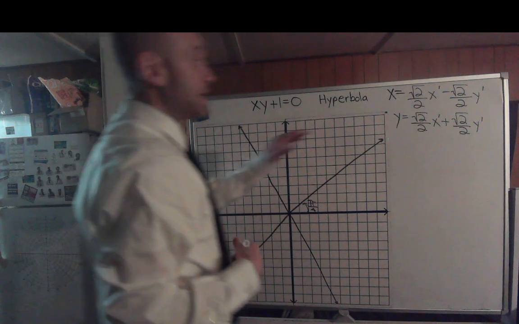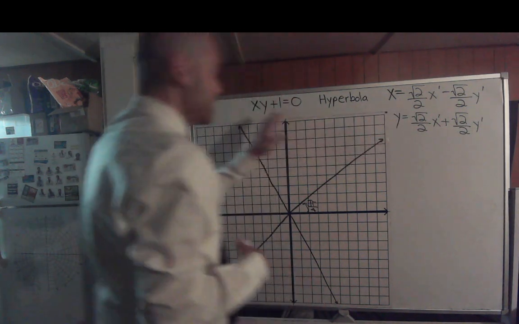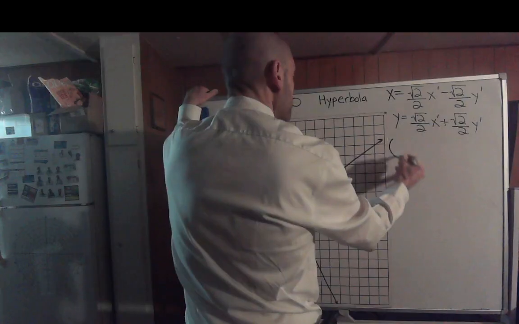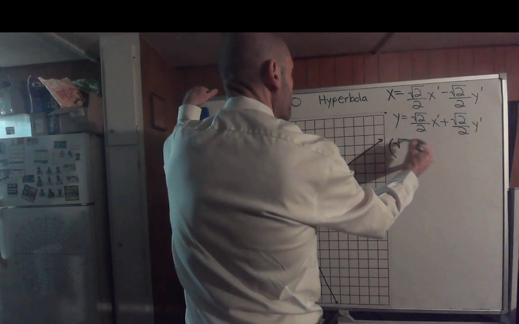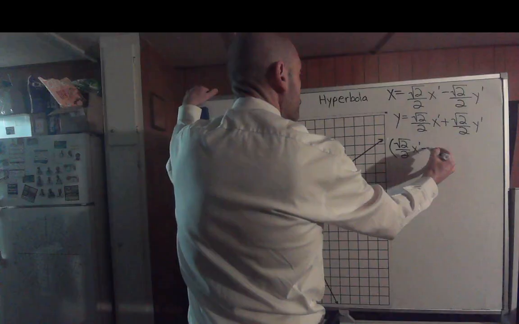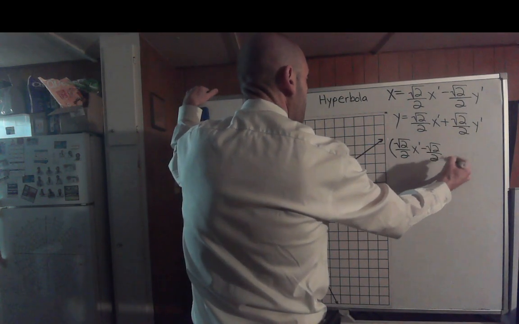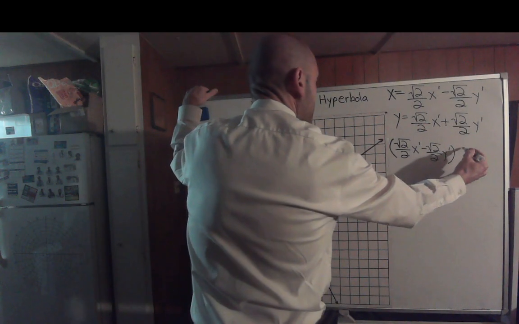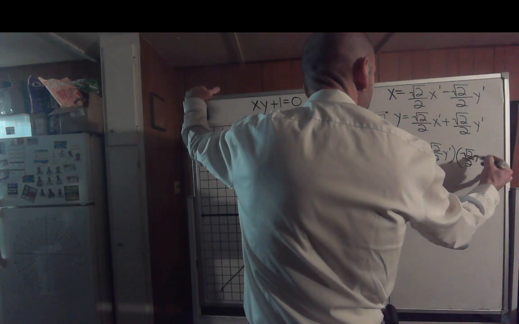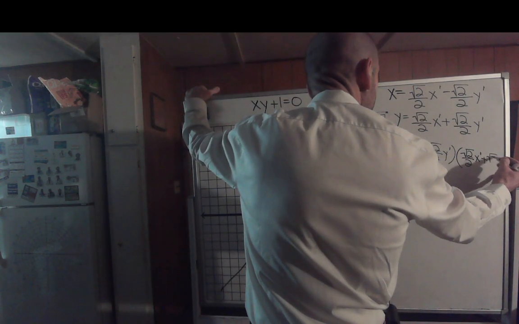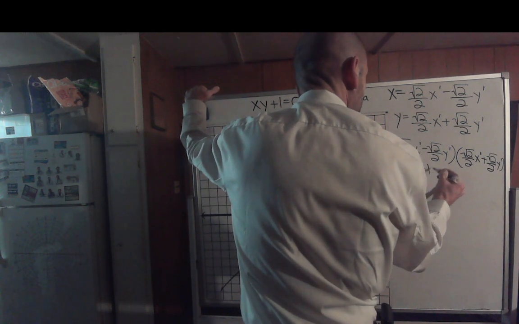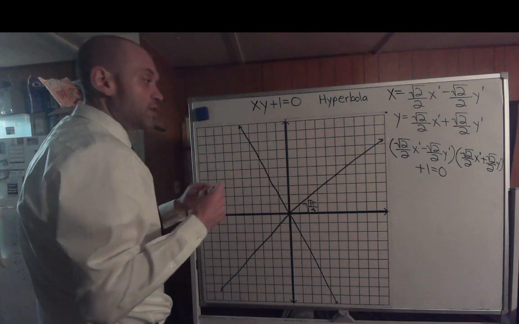Okay, so now all I gotta do is take these values for x and y, substitute them into my original equation. So if I take the square root of 2 over 2 times x prime minus the square root of 2 over 2 y prime times the square root of 2 over 2 x prime plus the square root of 2 over 2 y prime plus 1, set that equal to 0, something very interesting is going to happen.